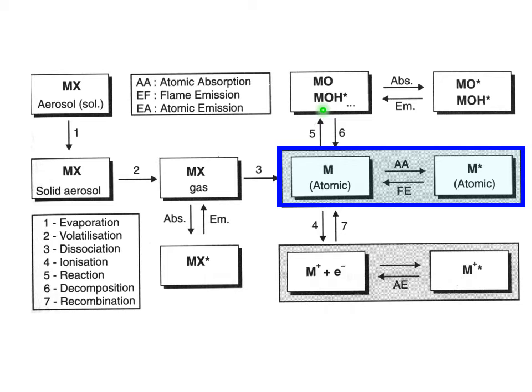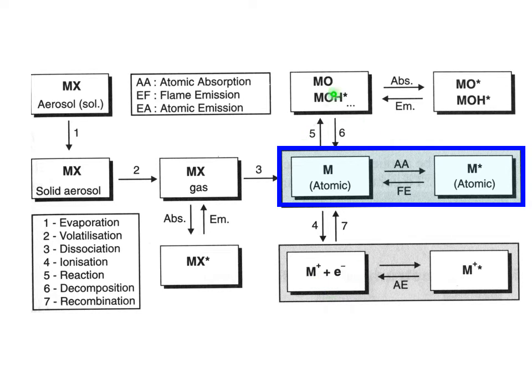Atoms can also react with oxygen atoms in the flame. The flame is oxygen containing, so it can make metal oxide and metal hydroxide. These are molecules and they can absorb and emit light. We do not want this to happen, and we do not want this to happen.